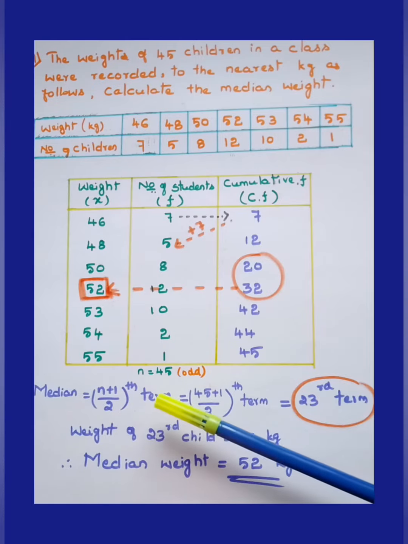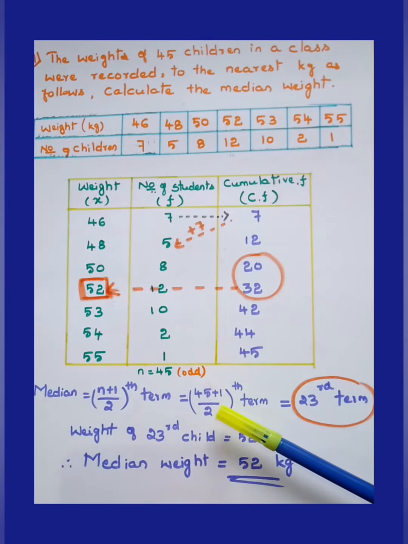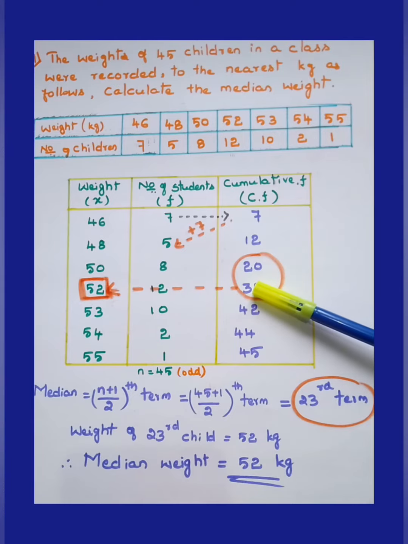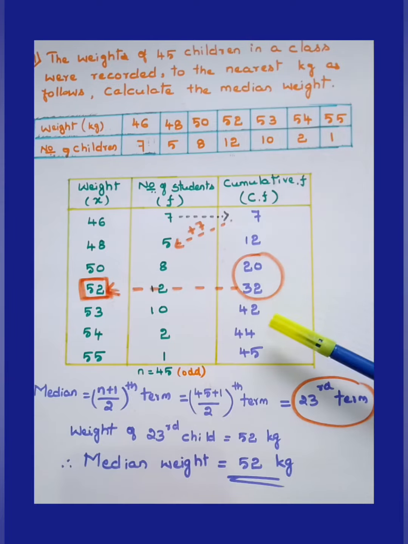Substitute the value of n: 45 plus 1 by 2, and 45 plus 1 is 46, by 2 gives us 23. 23rd term, 23 is not the answer, it is the 23rd term. But you have to check in the cumulative frequency column where this 23rd term lies. 23 lies between 20 and 32, right? After 20, 21, 22, 23 lies here. In general, this will be in ascending order only. Don't worry, this will not be a mixed number.